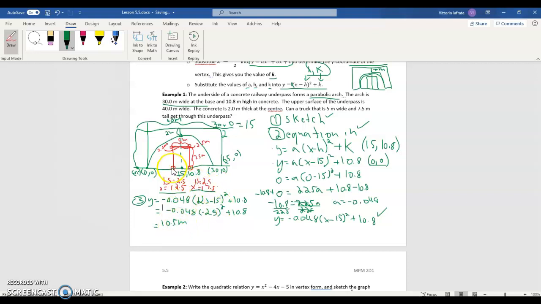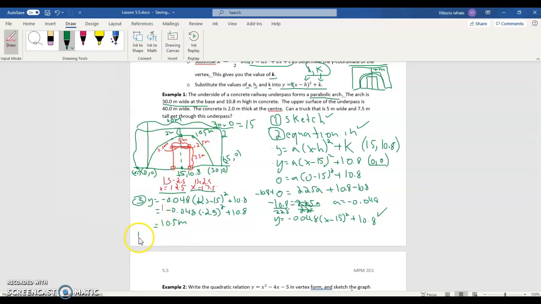So what that means is that at 12.5, at 17.5, where the truck is spanning, the parabola has a height of 10.5. So basically here and here, we have 10.5 meters up. So now what you need to ask yourself is, is 10.5 high enough for 7.5 meters? And it is.